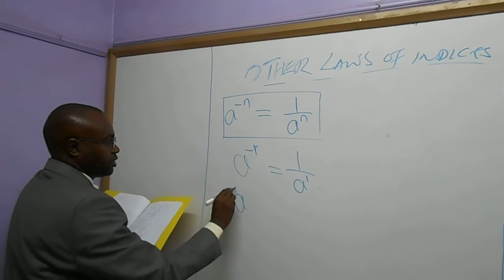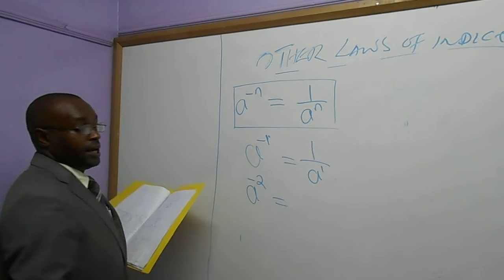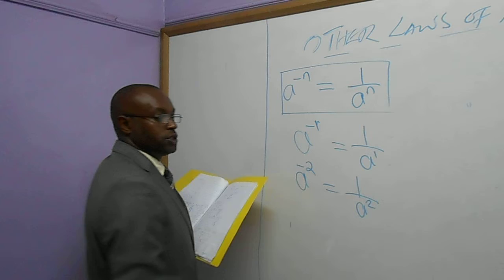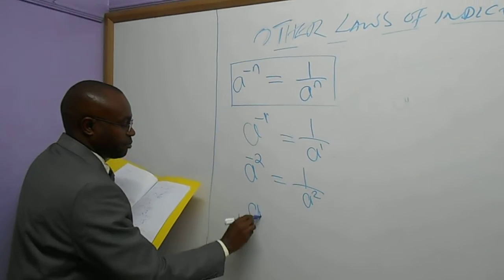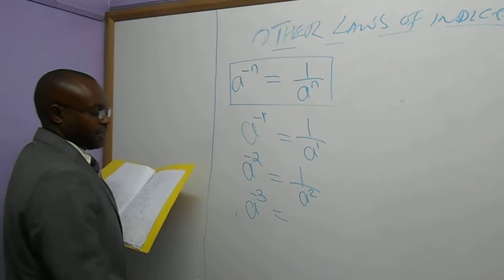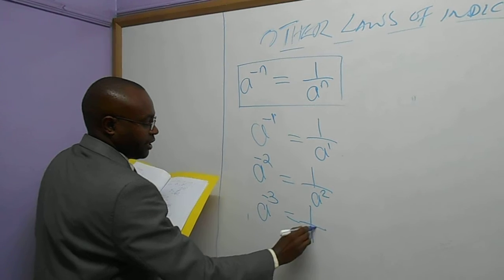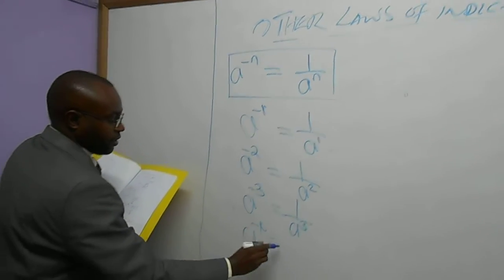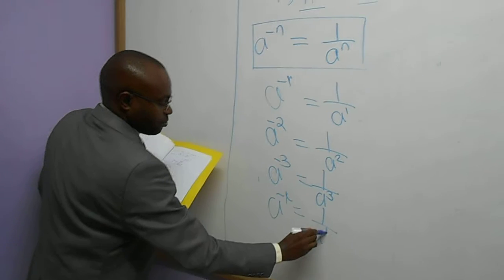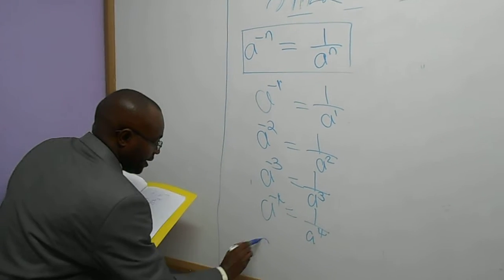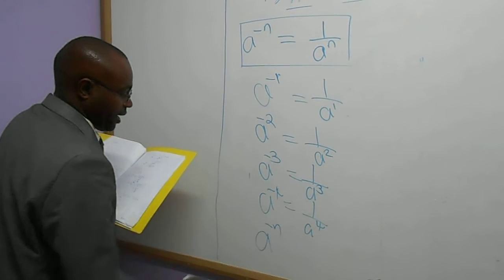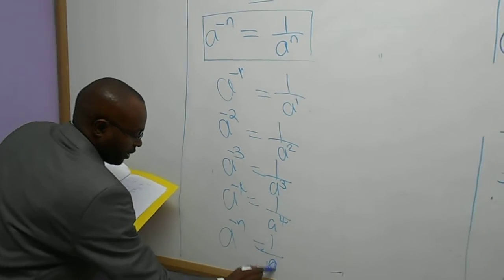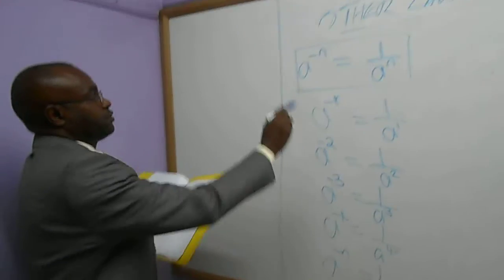If I have a to the power negative 2, that would be 1 over a to the power 2. A to the power negative 3 is 1 over a to the power 3. A raised to negative 4 would be 1 over a to the power 4. In other words, a raised to negative n is the same as 1 over a raised to n, as you have seen.